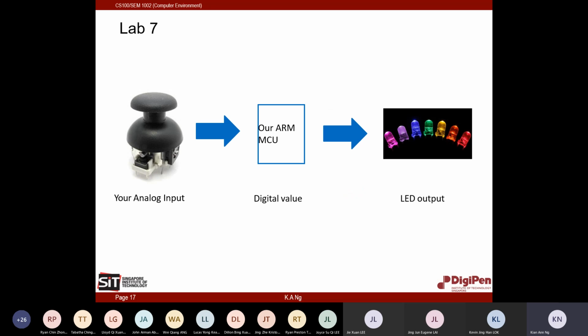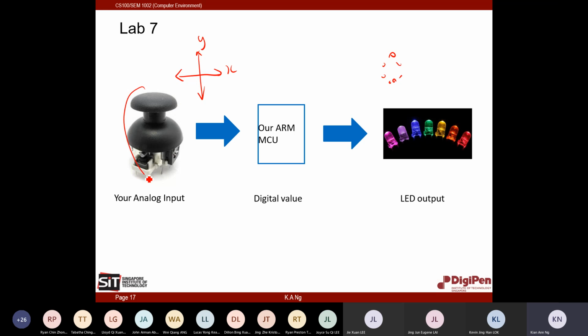You know the address, and you will be asked to read this special toggle switch. It actually has a resistor that can give you the resistance level in the Y and X axis. Okay, and then you're supposed to control your ring of red LEDs.